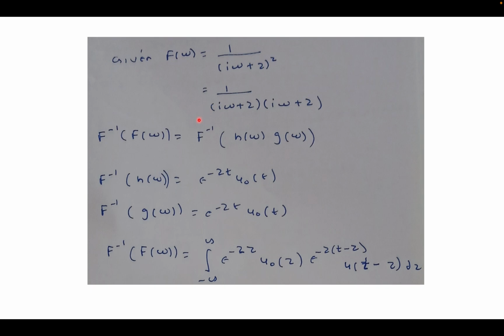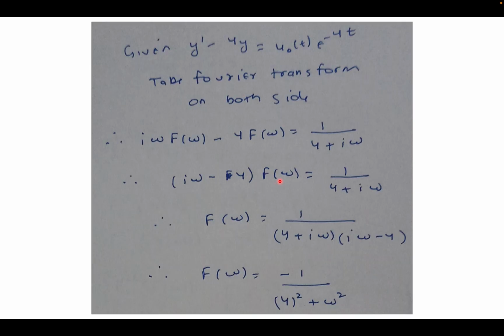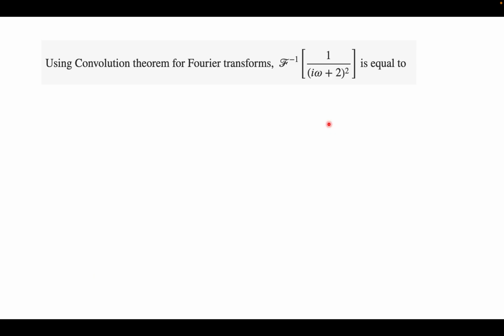So you already know, if you take this function which is 1 upon iota omega plus 2, then the inverse Fourier transform of this is given as e power minus 2t u naught t. Recall this, we also did this here, the same expression, right? Here u naught t e power minus 4t is 1 upon 4 plus iota omega, but if you have u naught t e power minus 2t, then it will be 1 upon 2 plus iota omega, right?